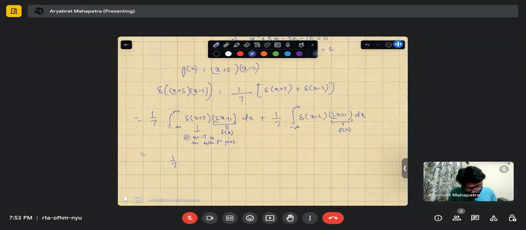So the value of this integral is 1 over 7 times f of minus 5, that is 2 times minus 5 plus 1. Then the same here: 1 over 7, and the delta function peak is at x equals 2, so that is 2 times 2 plus 1.